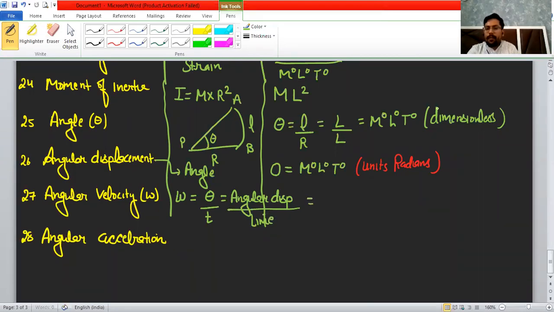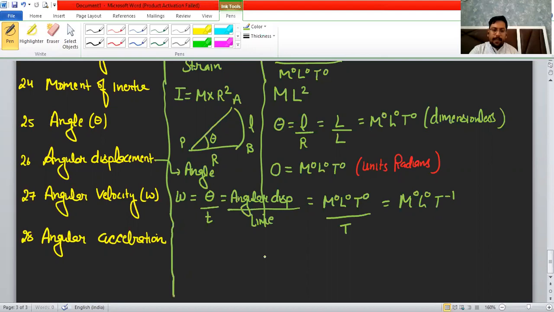Now this angular displacement is dimensionless, divided by time t, so we get m0 l0 t minus 1. So angular velocity omega has dimensions m0 l0 t minus 1.